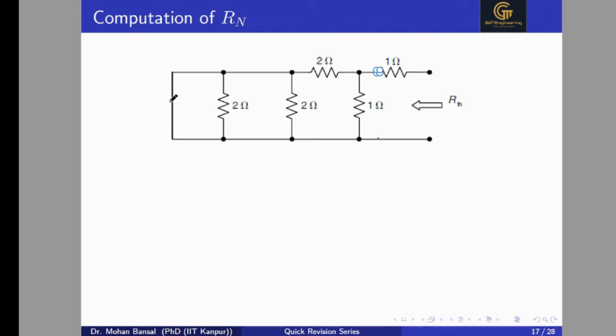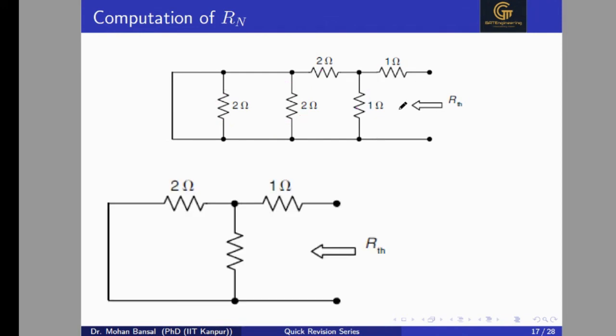Here this is 0 ohm, so this overall resistance will be 0 because the 0 ohm resistance is connected in parallel, one direct short circuit. So you will get 0 from here, and this will be 2 parallel 1, plus 1. So this is your RTH, 5 divided by 3 ohm. RTH, RN, the internal resistance, you can call it anything.